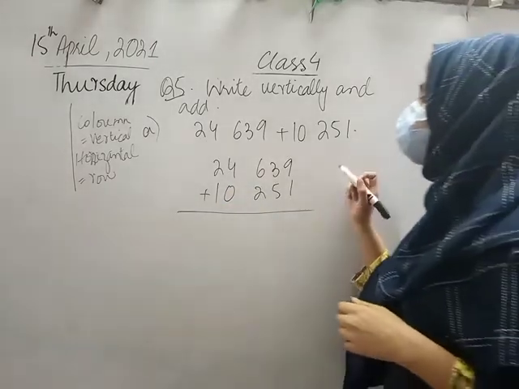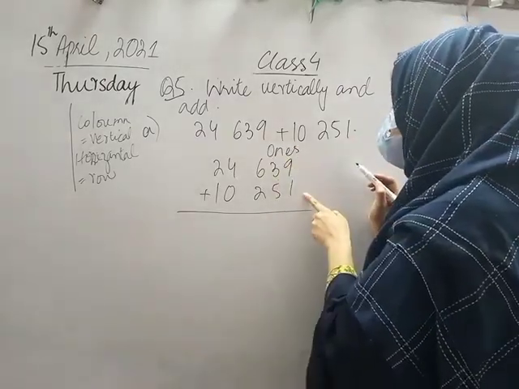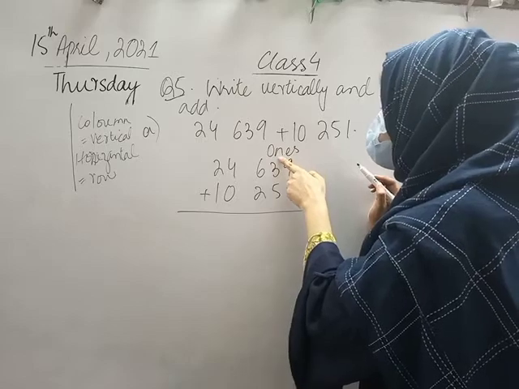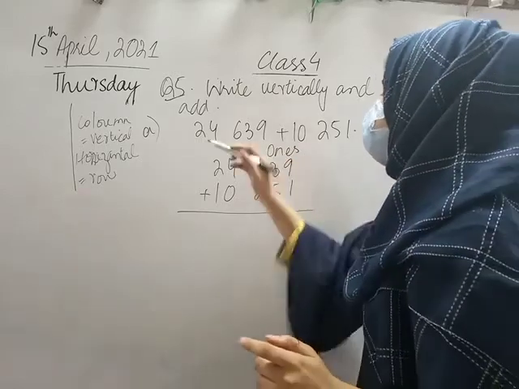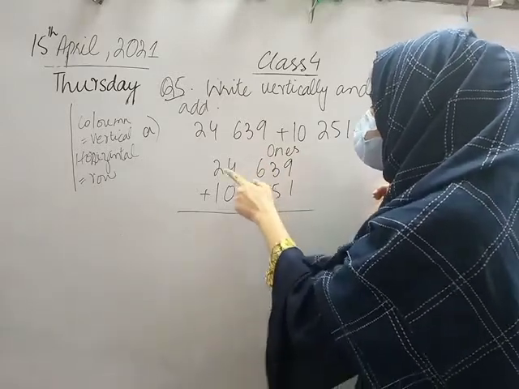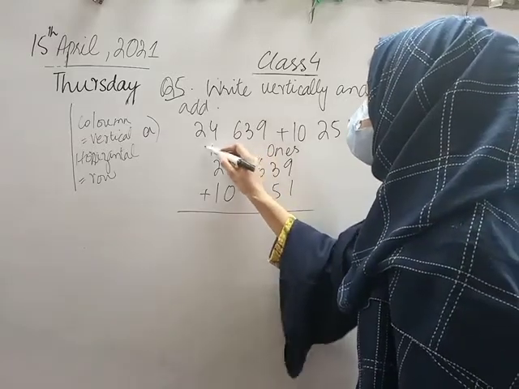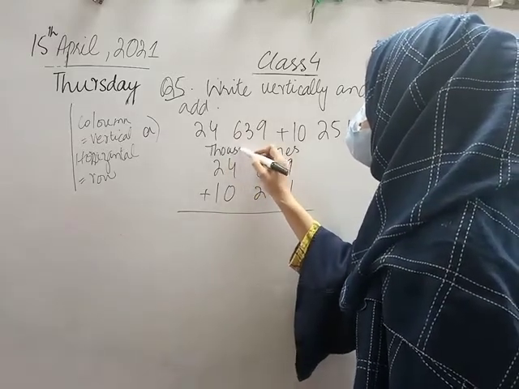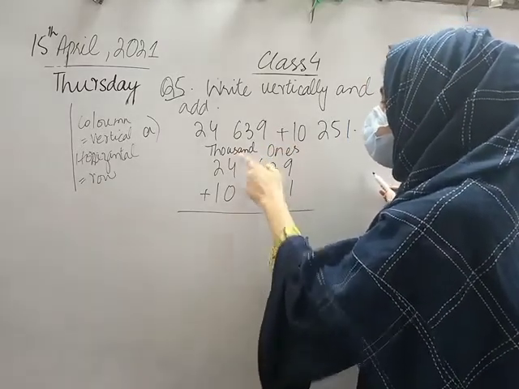As you know, the first unit from the right side is ones and this is a 3-digit number. If you look, class, there is a space in between the two numbers, so this belongs to the 1000 column.